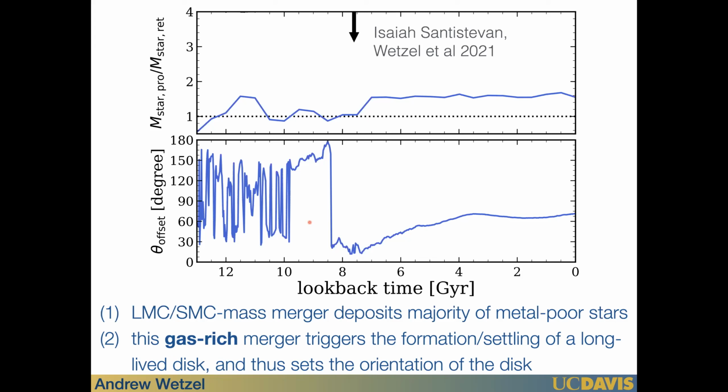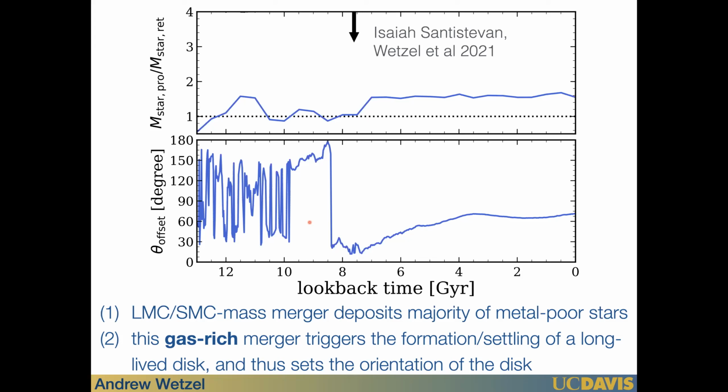But after this major merger deposits a lot of gas on a relatively coherent angular momentum vector that settles in and basically determines the eventual orientation of the disk that emerges. So it's not a coincidence, therefore, that metal poor stars are on disk orbits today, because the same event that deposited the metal poor stars also told the disk what direction to form. And we find that this is a pretty typical scenario.